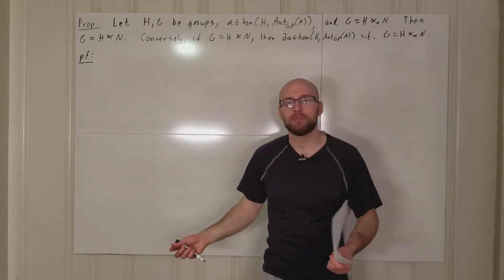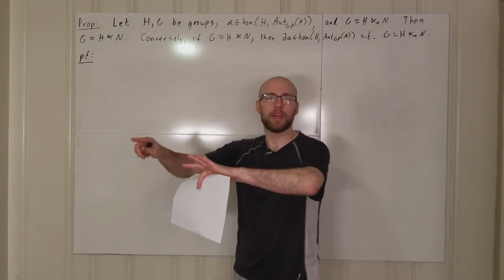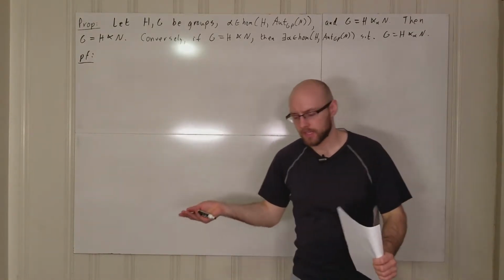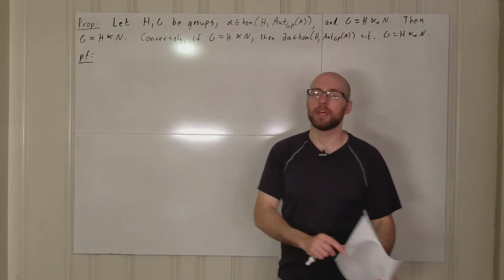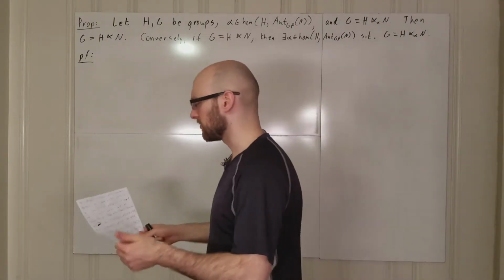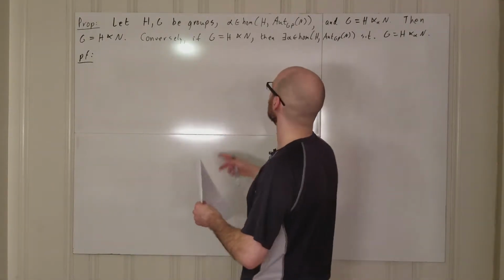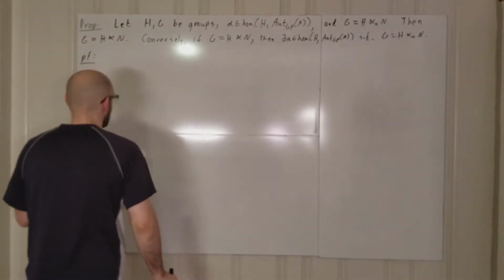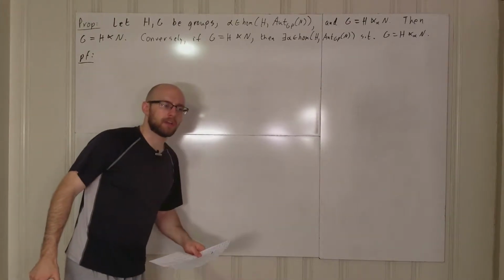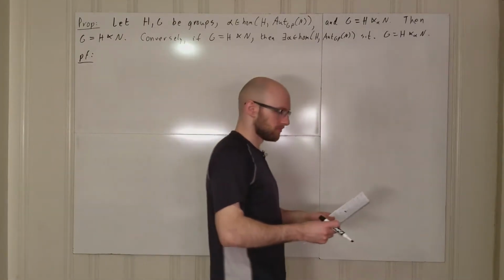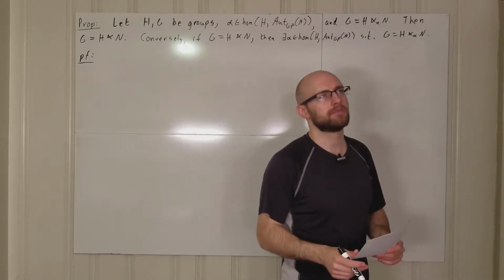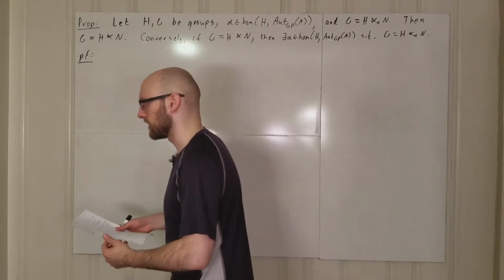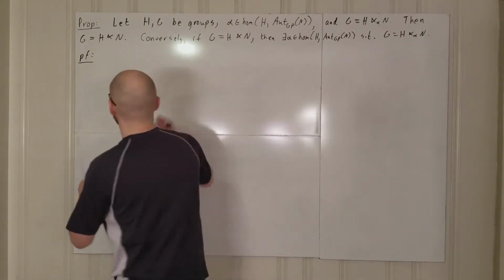We know that there is a way to write that H1x1H2x2 as an element of HN. And that in and of itself is very interesting and kind of shows the relation between semidirect products and just regular direct products.